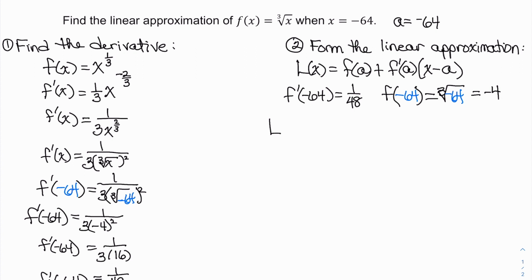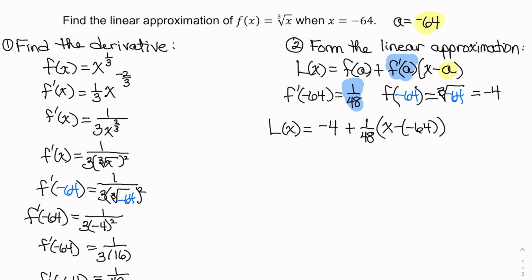Our linear approximation L of x is equal to f of a, so f of negative 64 is negative 4, plus f prime of a, the f prime of negative 64, that's 1 over 48, and then open parentheses times x minus our a, and our a is negative 64.